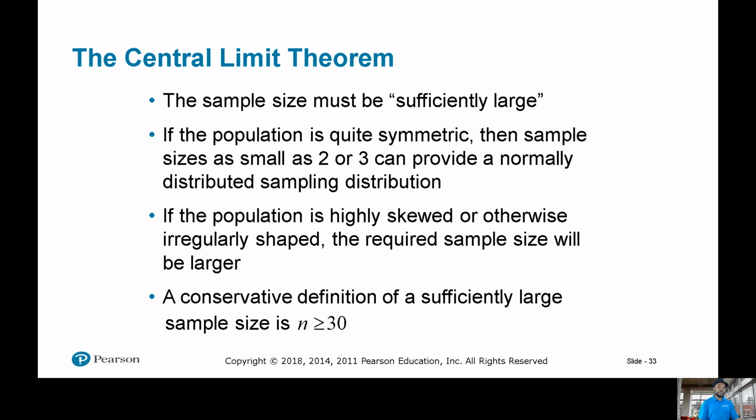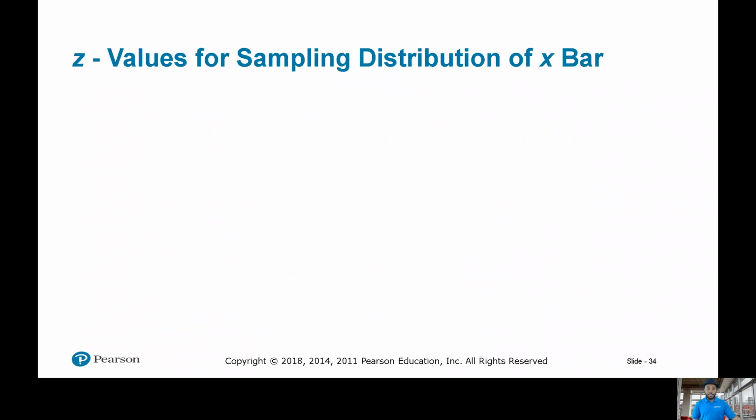So a conservative definition of a sufficiently large sample size is n greater than or equal to 30. Let's get into the more fun parts. Now that we know that we can have this normal approximation, how do we compute probabilities?